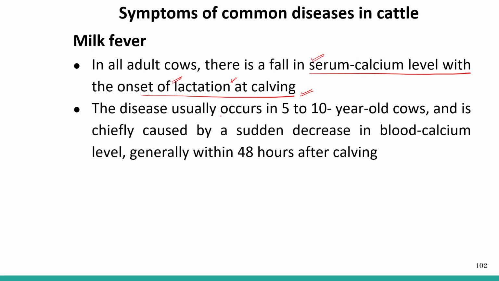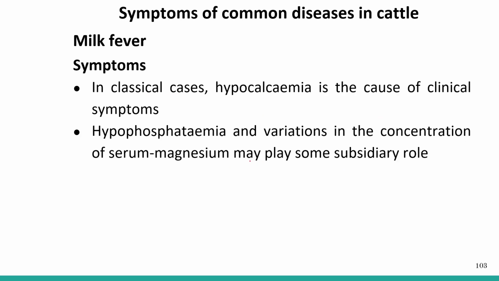The disease usually occurs in 5 to 10-year-old cows, and it is chiefly caused by a sudden decrease in blood calcium level, generally within 48 hours after calving. So this means after giving birth to the calf, within 48 hours there is a reduction in the blood calcium level. So that is milk fever.